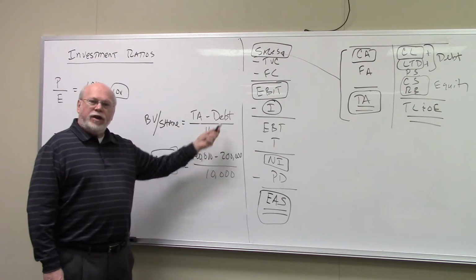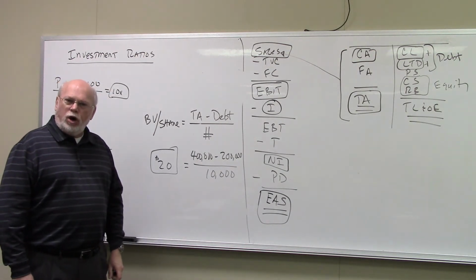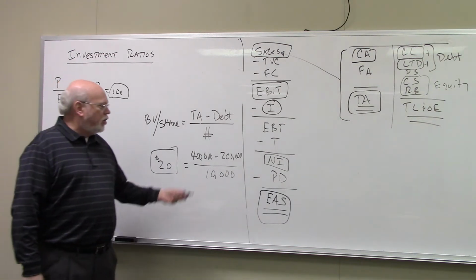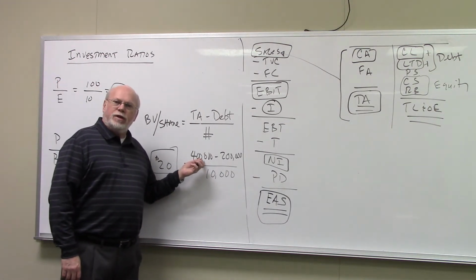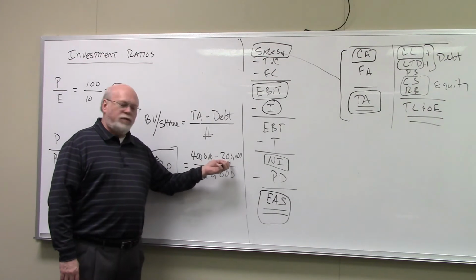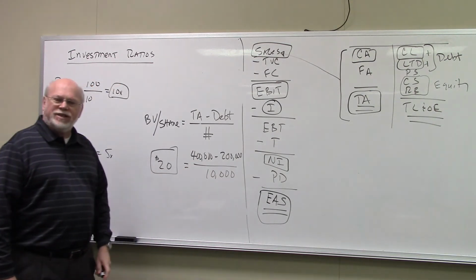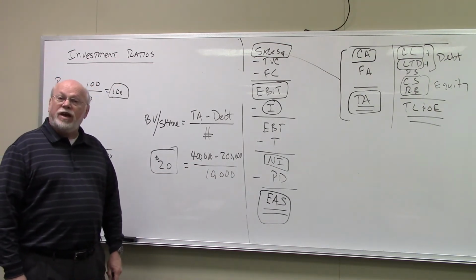The debt, on the other hand, is actually the debt that you owe to the bank or whoever the debt holders are. So you've got a very conservative estimate of asset value. You've got a market value of debt. And again, the difference between these two things, the total assets and the debt, is called the book value of the company.